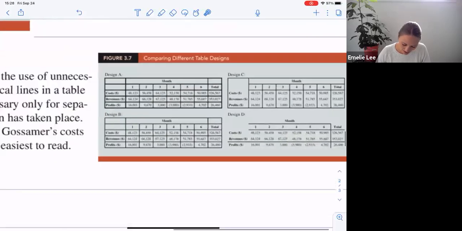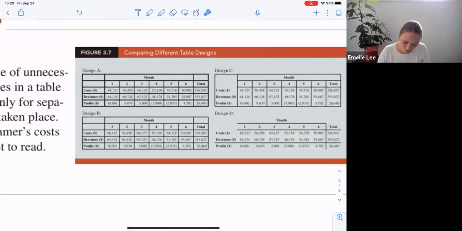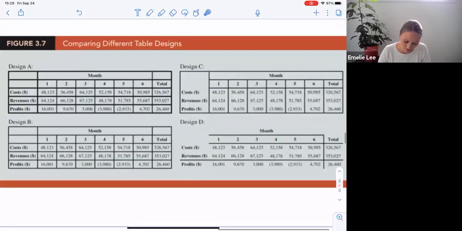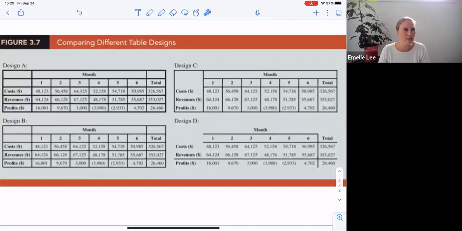If you look at these designs, they've given us a couple of designs to consider here. Why is it all blurry still? Anyways, get the gist. Design A has really thick, bold lines for every single cell. I don't love that because it looks really cluttered, and the thick lines kind of make me stop reading. Design B is the one that I kind of like, and I know that's bad.